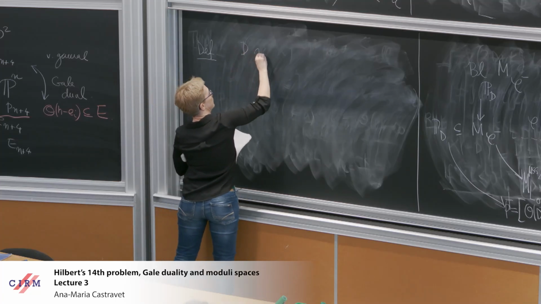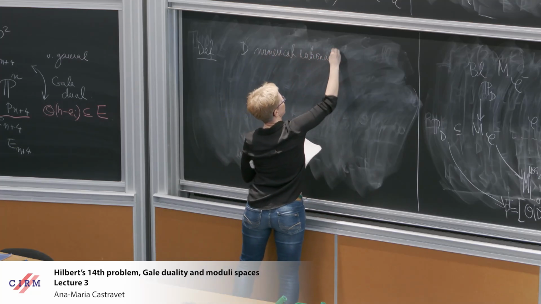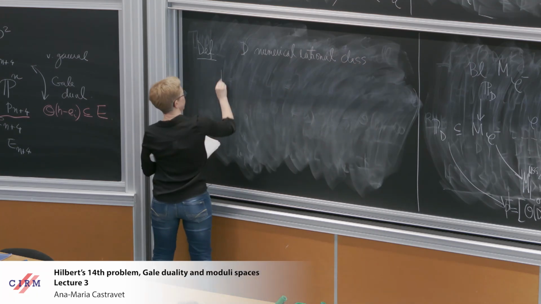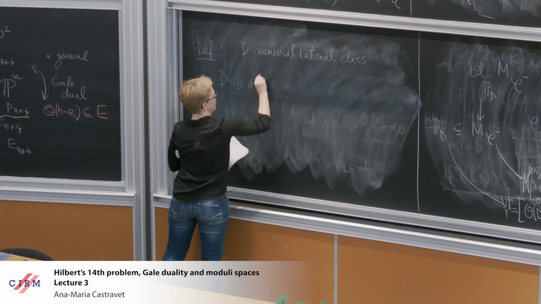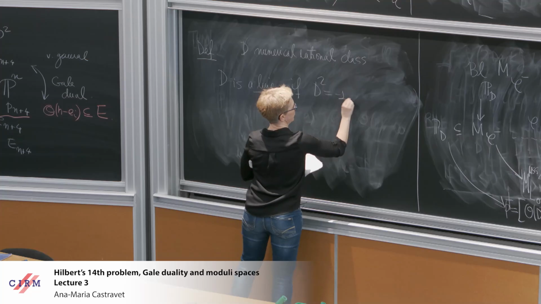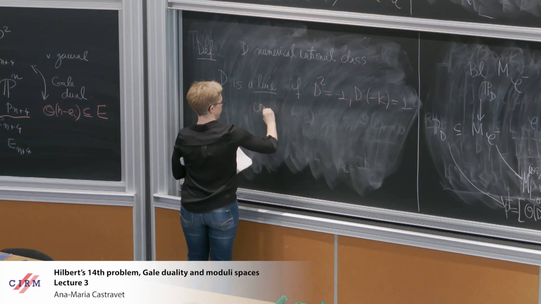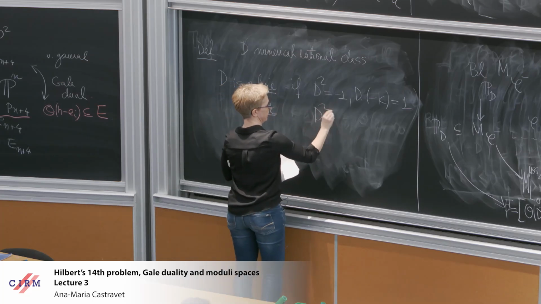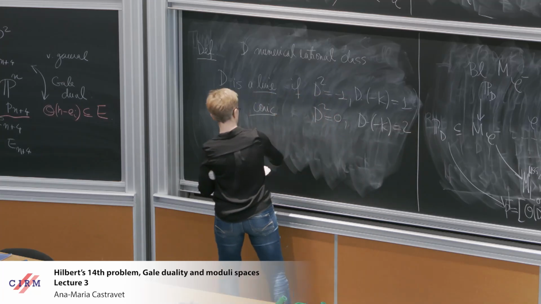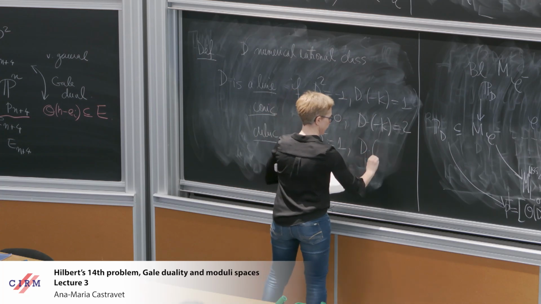So if I take some numerical rational class with the correct self-intersection, okay, so we say that D is a numerical line if the self-intersection is minus 1 and the intersection with minus K is 1. Say this is a numerical conic if D square is 0, D times minus K is 2. And then the cubics, which is self-intersection 1, and intersection with minus K is 3.